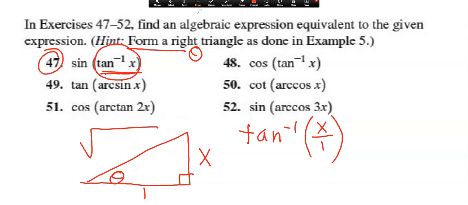So, what does that mean about the hypotenuse? No, they do not. What's my hypotenuse? Come on, use your sides. Just tell me out loud. It can't be radical 2 because I don't know what x is.